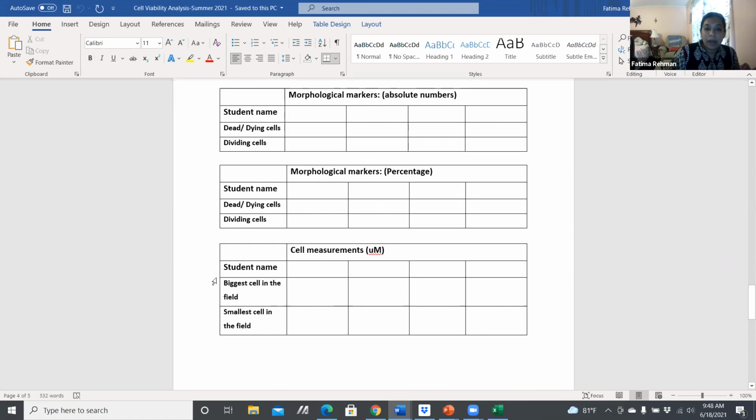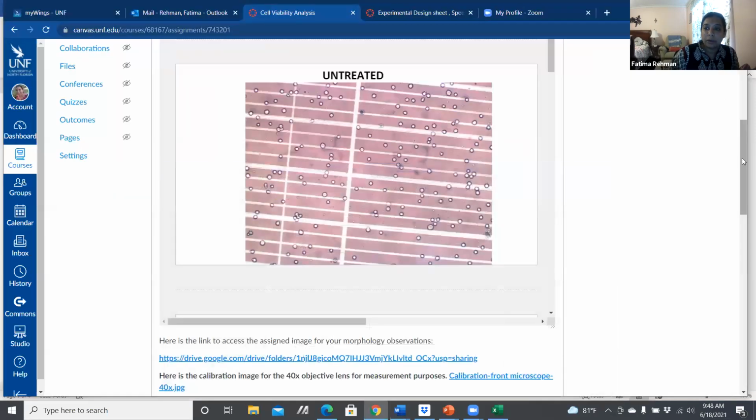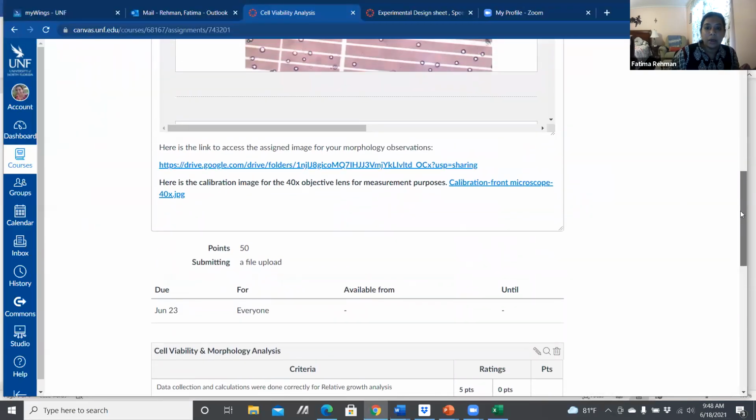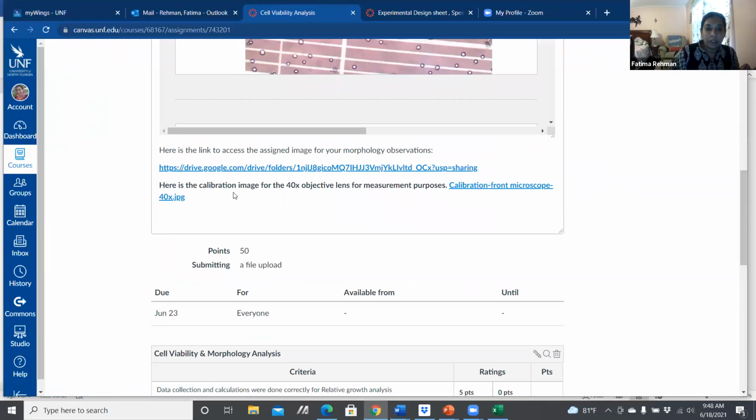And then the last thing you will do is find the biggest cell in the field and the smallest cell in the field. Mark it out, measure it, and write that information in micrometers. That information can be found over here. For measurement, you need a calibration image.